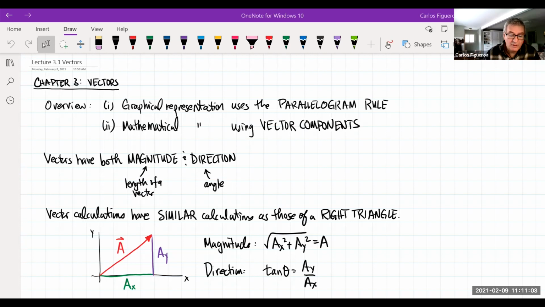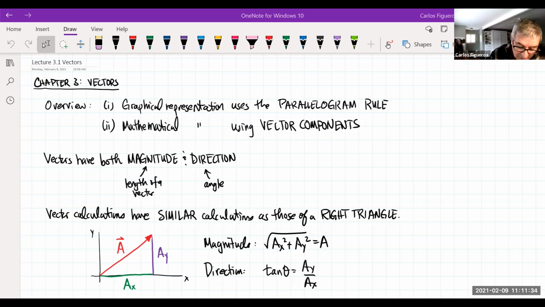The way we're going to see these calculations is that when we calculate the magnitude of this thing, it's very similar to the calculations of a right triangle. If I have a 2-dimensional vector, meaning there's an x and a y piece to it, then it really is identical to a right triangle. But if I have more dimensions, like 3 dimensions, it's actually a 3-dimensional triangle, if I could say it that way.